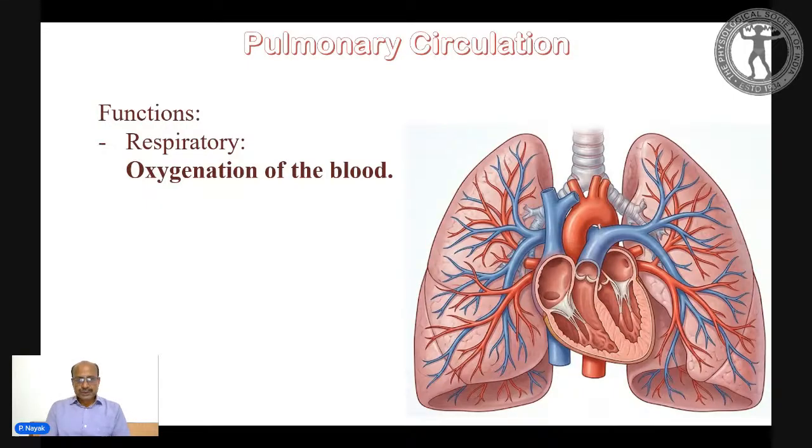So the respiratory function of pulmonary circulation is the oxygenation of the deoxygenated blood coming from the systemic circulation. Even though sometimes we say the systemic circulation is providing oxygen to the tissues, it depends on the pulmonary circulation for the source of oxygen.